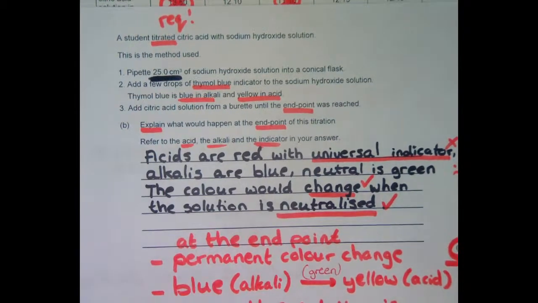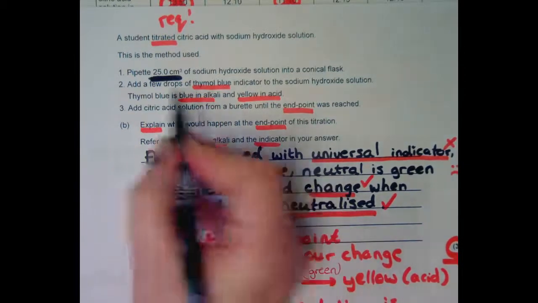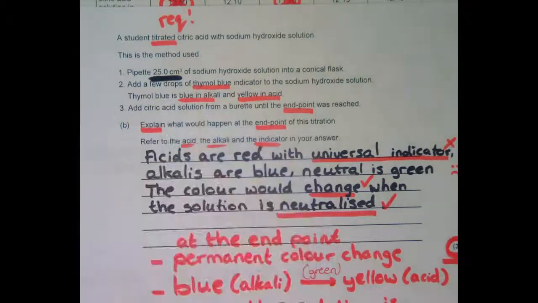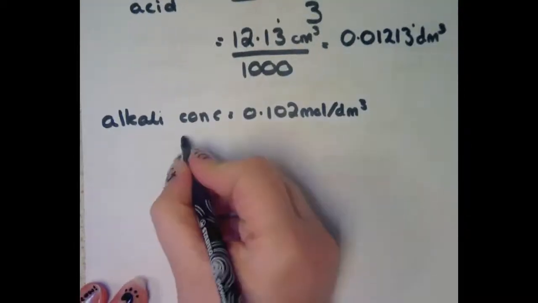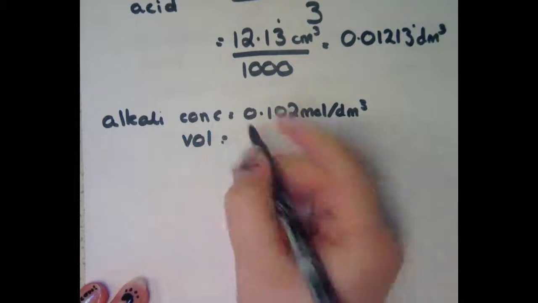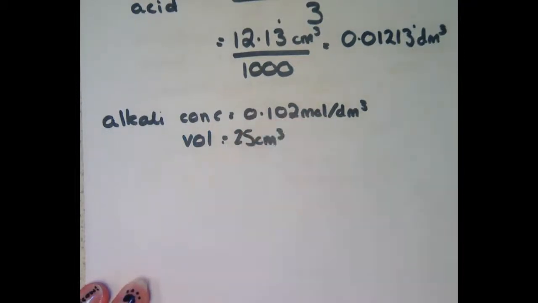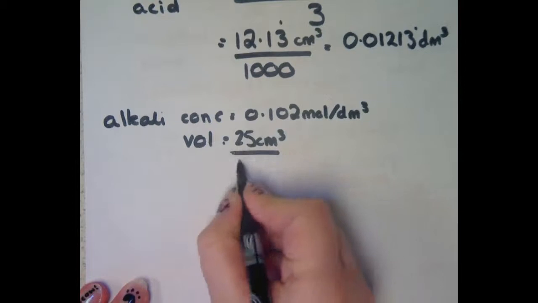A big thing in these exams is information from previous parts of the same question can be used in consequent parts. So it is expecting you to look back to the rest of the question to find out some numbers that you need. So it's 25 centimetre cubed of my alkali. So my alkali's volume, 25 centimetre cubed.